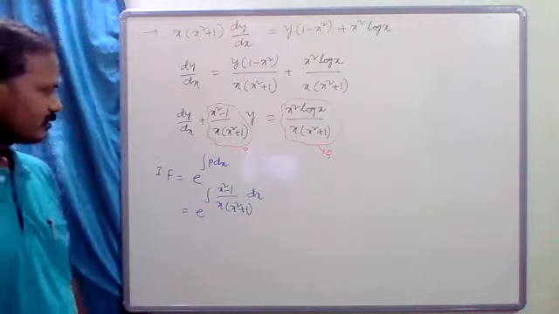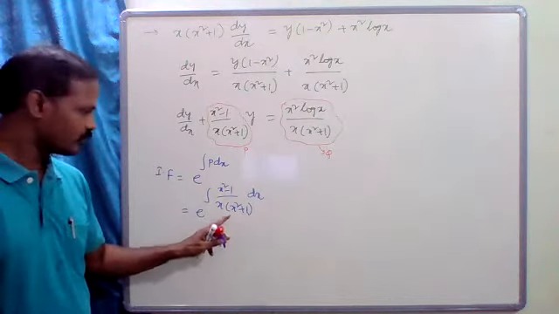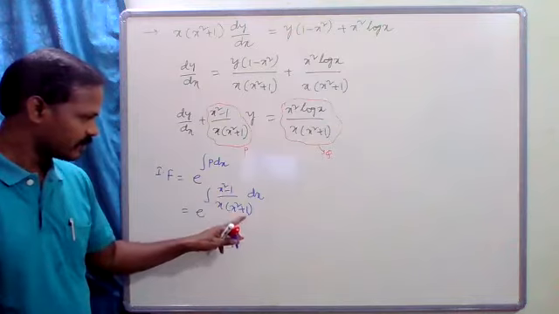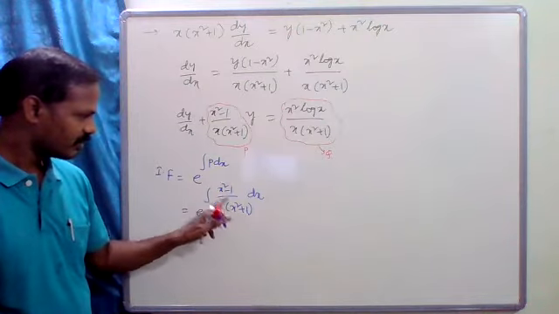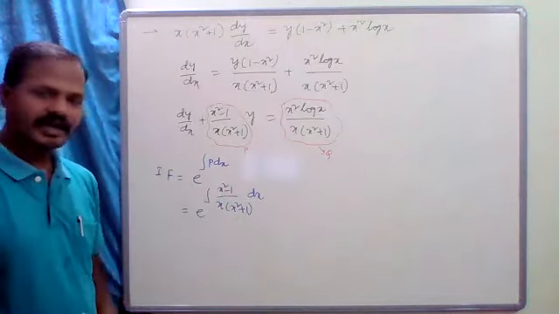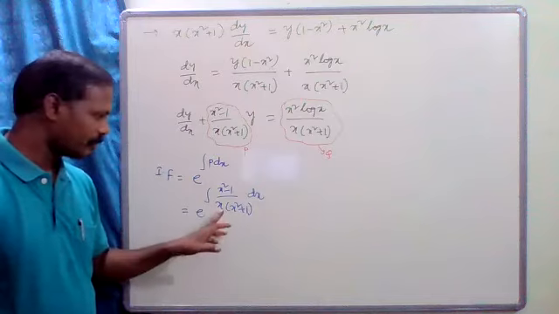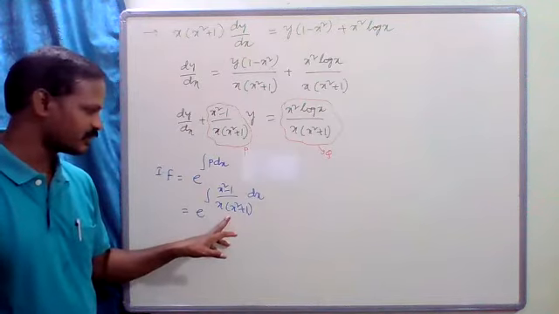Now see, here x square plus 1 is there, and here x square minus 1 is there. You have to think about this. Here you have to apply partial fractions.